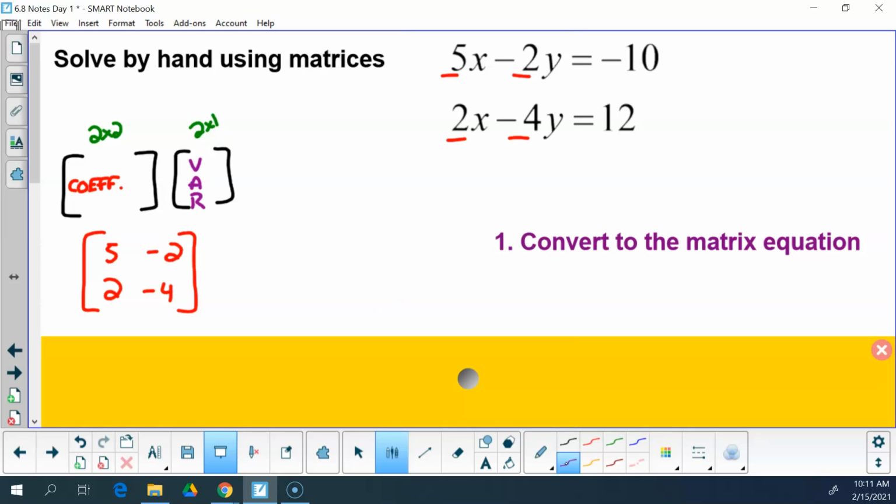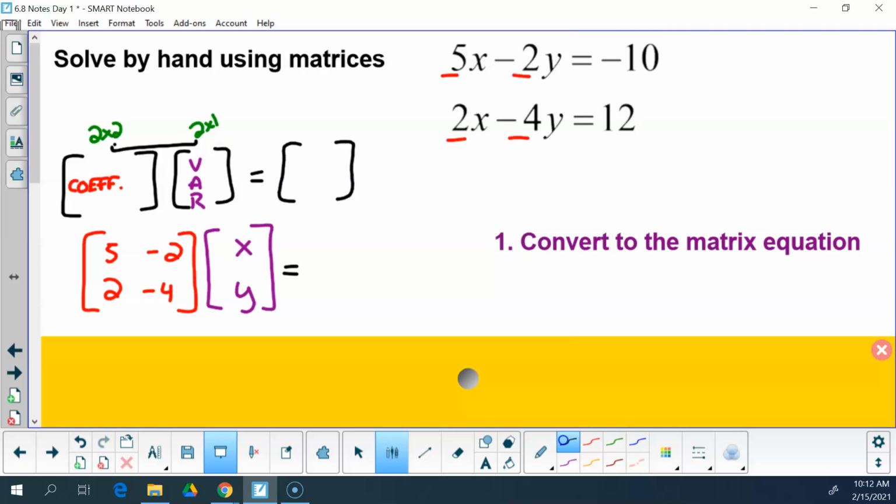So the variable matrix in this case would be the 2 by 1 matrix x and y. And lastly, that's going to end up equaling, well, if I multiply these two matrices together, these two numbers here are the same.